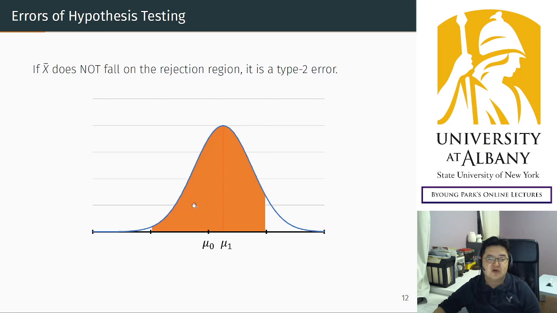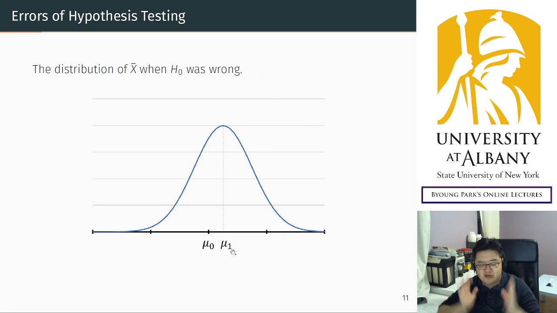Now the null hypothesis is wrong, as you can see here, so the correct decision is to reject the null hypothesis. But you are going to reject the null hypothesis only when the sample average falls on the rejection region.